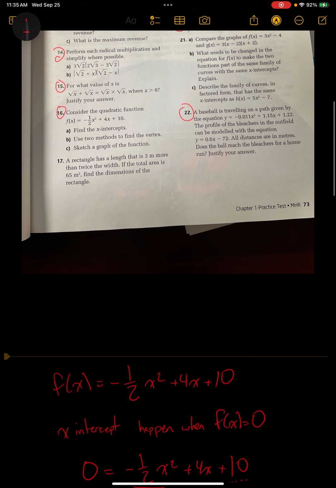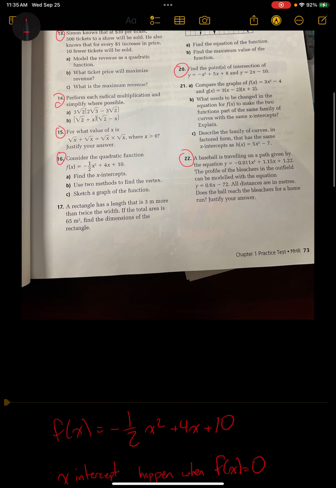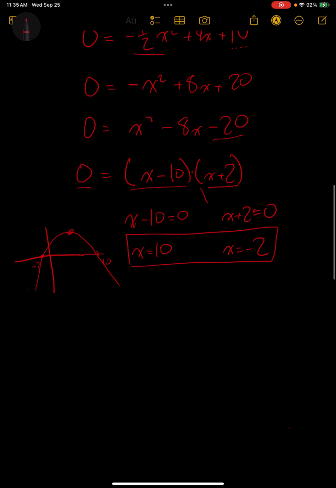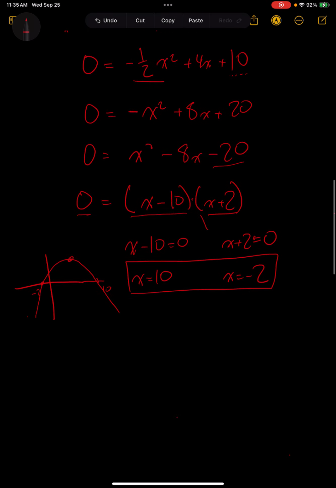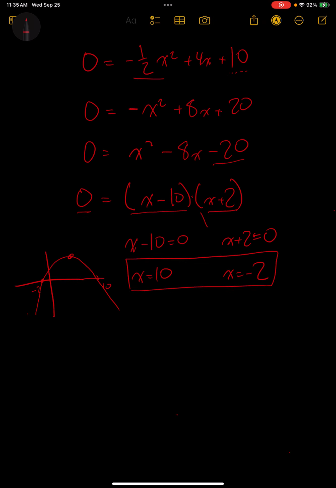Okay, so let's look at the next part of the question. It says use two methods to find the vertex. Well, method number one to find the vertex is, well, I have the midpoint.